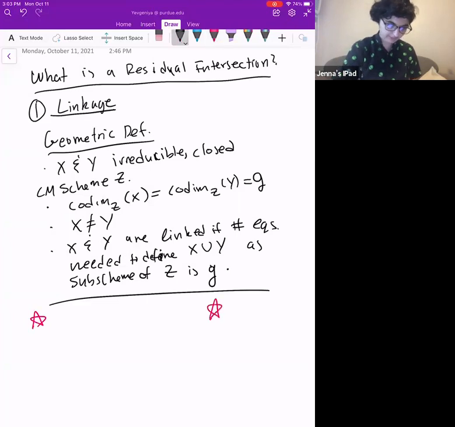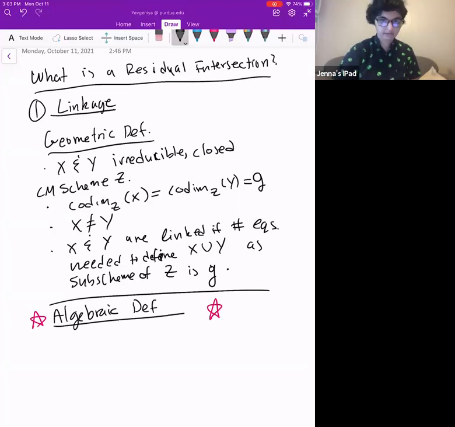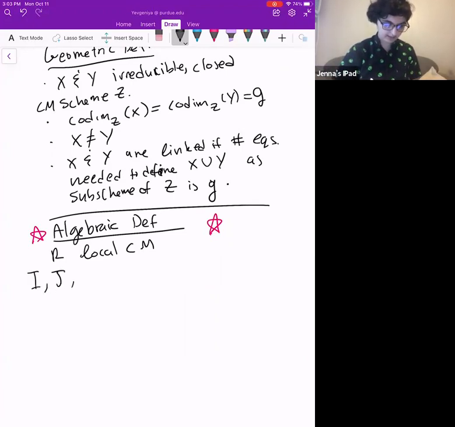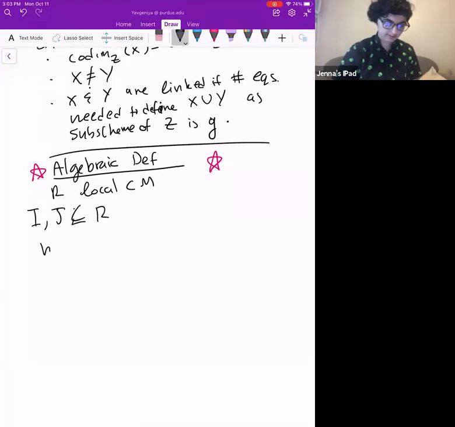So, algebraic definition. We're going to need a setting. So we're going to assume that R is a local Cohen-Macaulay ring. And we're going to let I and J be R ideals. And we're going to suppose that the height of I is the same as the height of J, which is going to be equal to g.